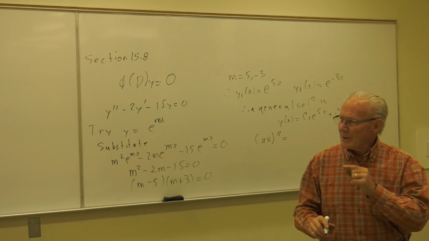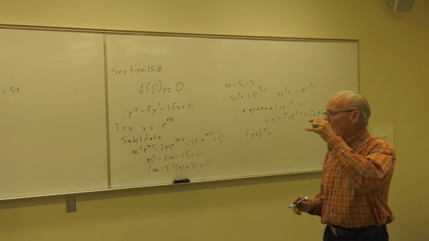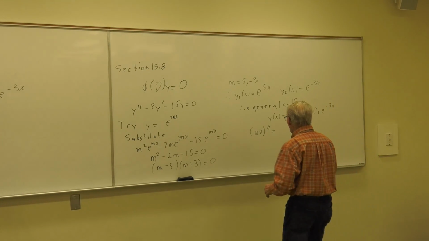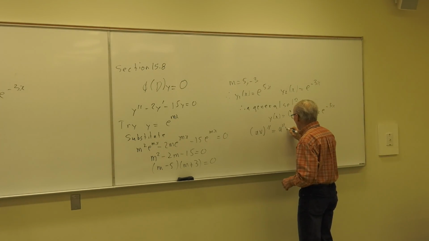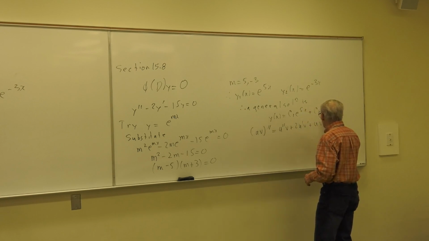Don't do that. This idea of differentiating a product multiple times comes up a lot in our discussions. So learn a better way. The better way is that this is u double prime v plus 2u prime v prime plus u v double prime.